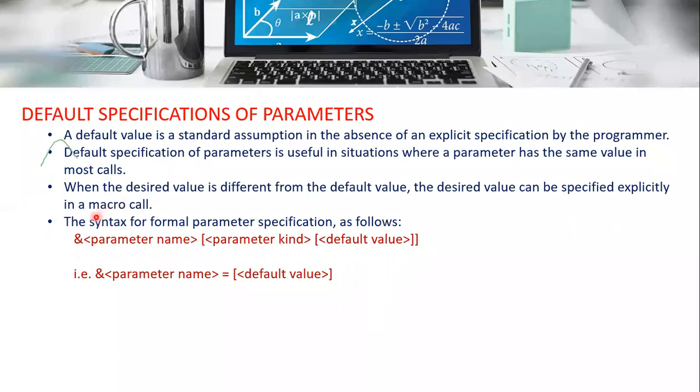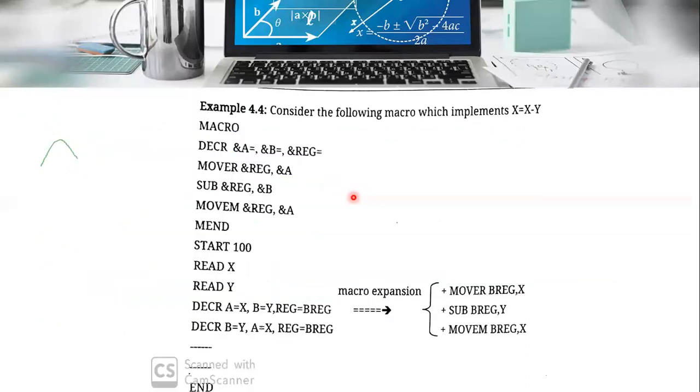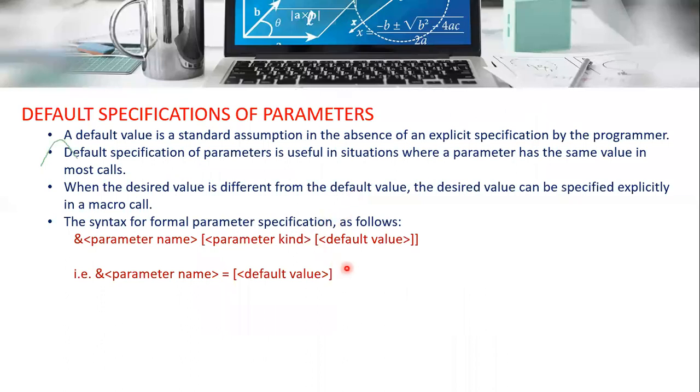call. Okay, now the syntax for the formal parameter specification. In case of the default specification, we can use & parameter name, parameter kind, and the corresponding value. Now we can see in case of the keyword parameter, we can specify the parameter kind, that is string can be given as equal to, but in case of the default specification, we can pass a default value to that of the parameter.